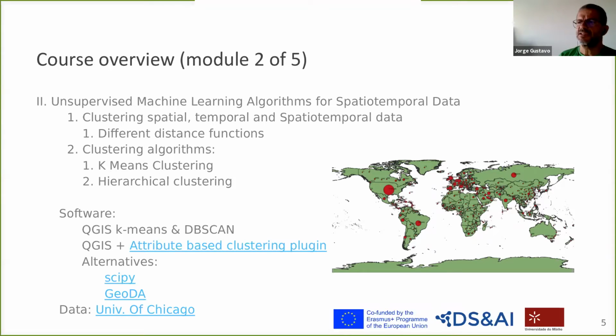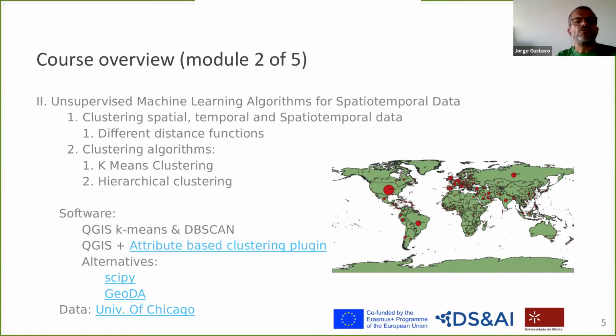So the idea here, using these clustering techniques, is to have clustering applied to spatial data, where the spatial aspect plays a role, and we can use the native algorithms of QGIS, the k-means and DBSCAN algorithms.